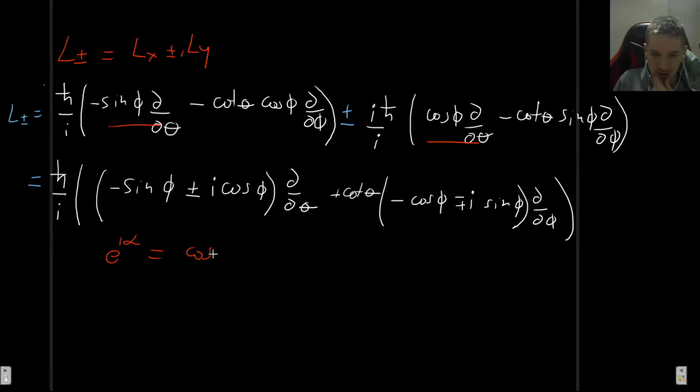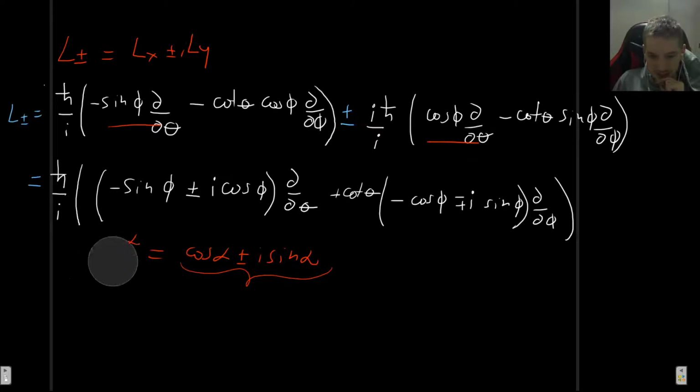This is cosine alpha, well, plus or minus, depending on whether it's positive or negative, i sine of alpha. So these things kind of look like this. So maybe there's a way in which we can rearrange what we have just found to make it look like this, so that we can write this as an exponential, which will seriously make everything much simpler.